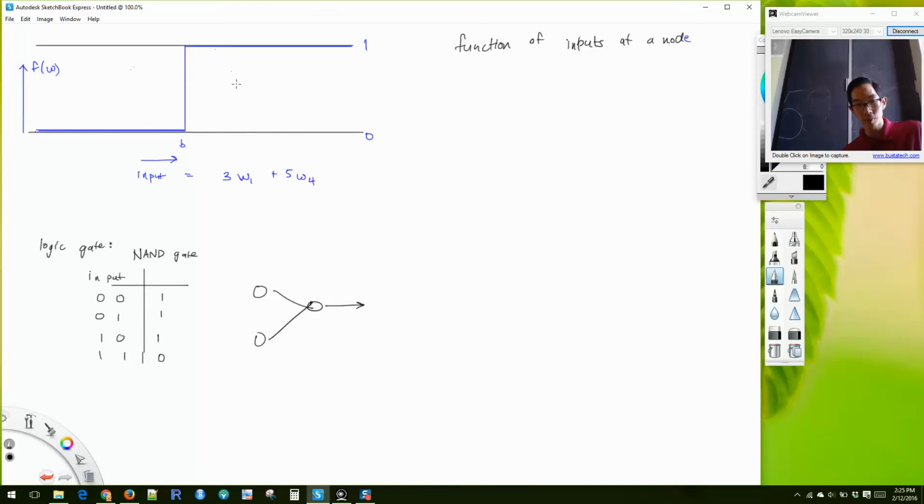And so we can put in a 2 and a 2, and this could have the function 1 1, and basically the function is 2x1 plus 2x2 minus 5?